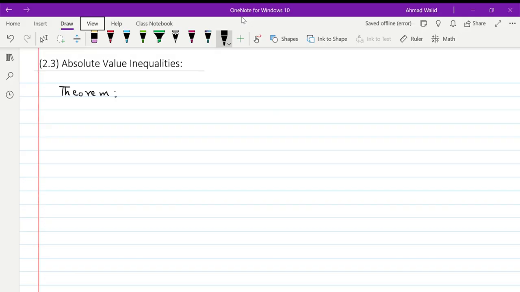If I have a number A and it's greater than 0, it means your A is a positive number, then you can write the absolute value of a number U. If I write it's less than A, it's only possible, let me write this way, if and only if your U is less than A and greater than negative A, correct?